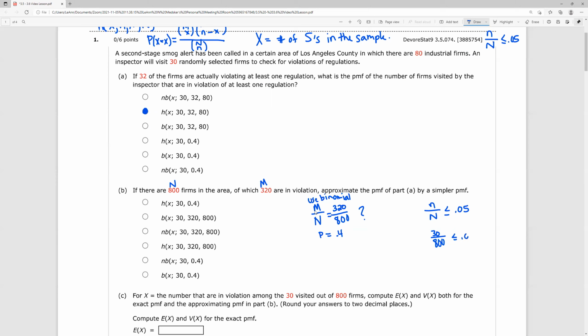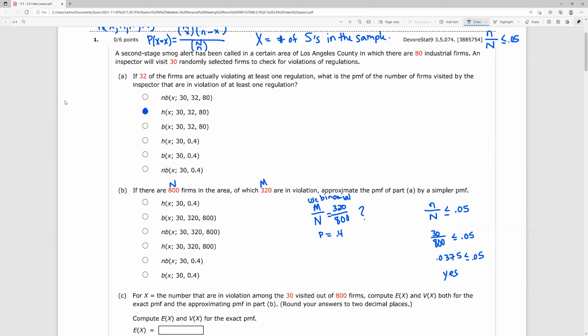And as long as this is less than or equal to 0.05, we feel safe saying that we can use the binomial to approximate what's going on for the PMF. So 30 divided by 800 is 0.0375. So yes, we can use this binomial approximation using the probability of success being 0.4, since 40% of the firms are actually in violation.